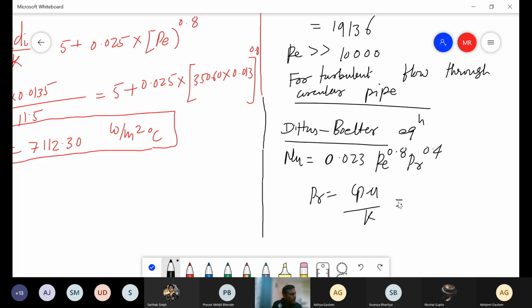Cp of the water given is 4.2 into 10 raised to power 3, into water viscosity given as 7.3 into 10 raised to the power minus 4, and K is the K value. Okay, Prandtl number is directly given in the problem, so we don't have to calculate. Prandtl number given is 4.9.